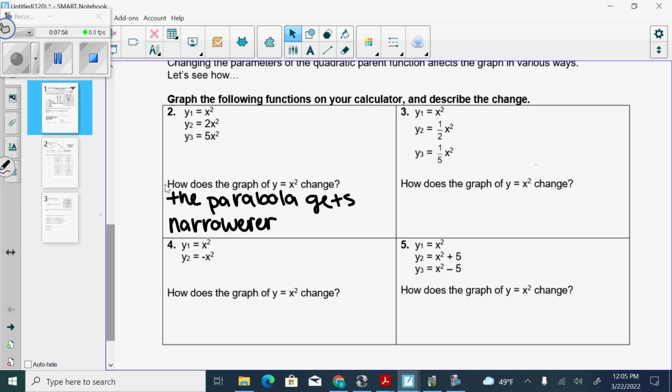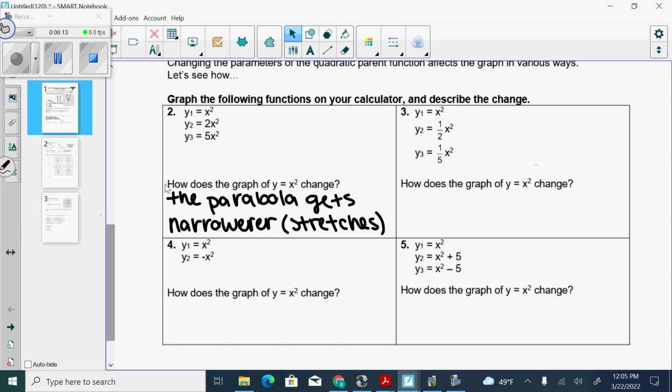This will often be referred to as the graph being stretched. So you may want to put that in parentheses here. It stretches. So if they tell you that your function stretches, this is what they're referring to.